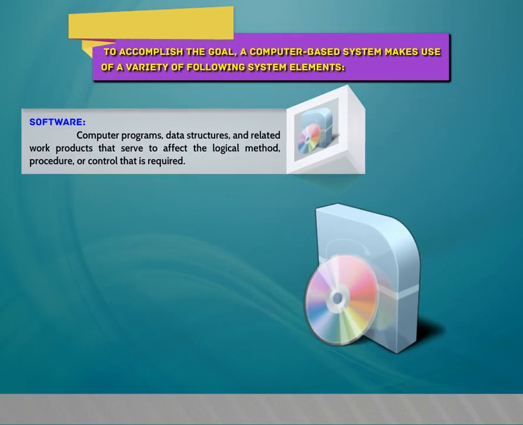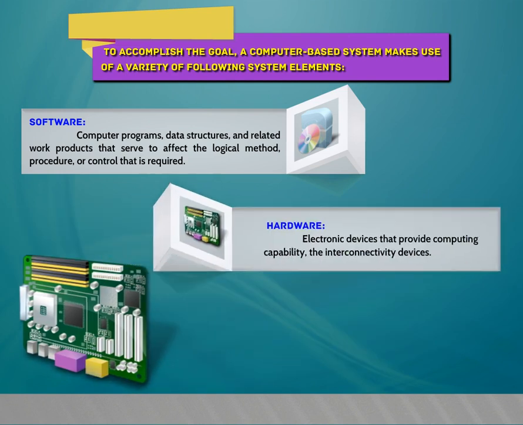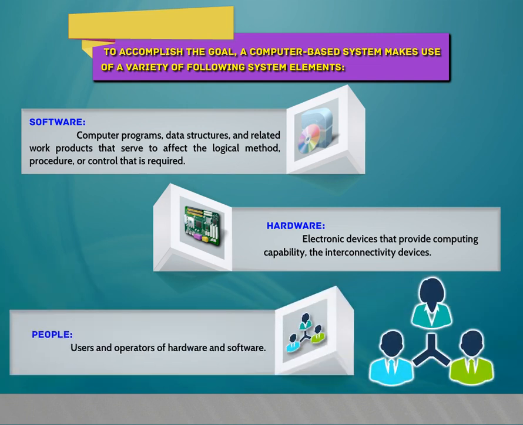Software: computer programs, data structures, and related work products that serve to effect the logical method, procedure, or control that is required. Hardware: electronic devices that provide computing capability, and the interconnectivity devices. People: users and operators of hardware and software.